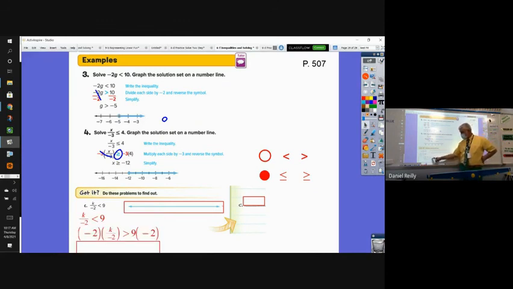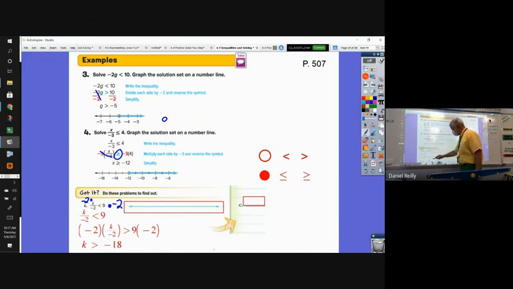So I have to change the direction of the inequality symbol. You could just write this work like this. You just do times negative 2 here and times negative 2 there. And then you write the answer: k is greater than negative 18. Switch the direction of the inequality symbol because I multiplied both sides by a negative number.